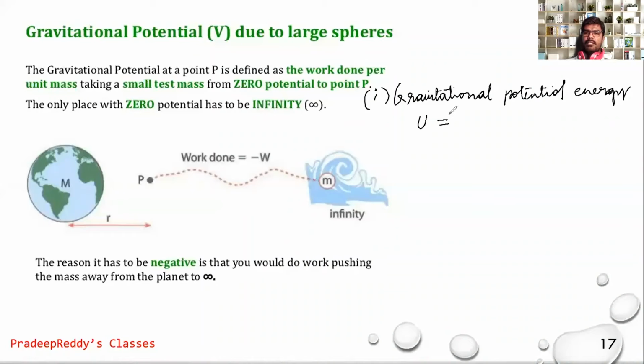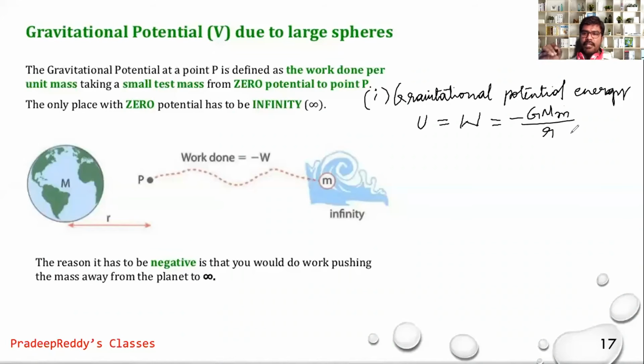Gravitational potential energy is denoted with U. It is work done in bringing a test mass or a unit mass from infinite position to a particular point, and its expression is minus G M m divided by R. In the denominator it is only R, not R square.